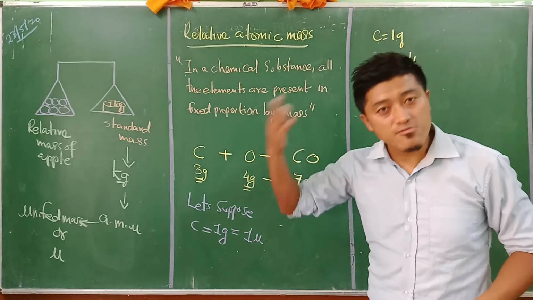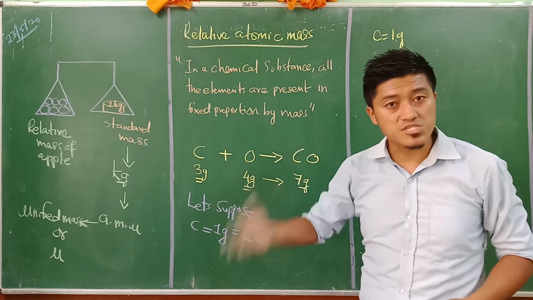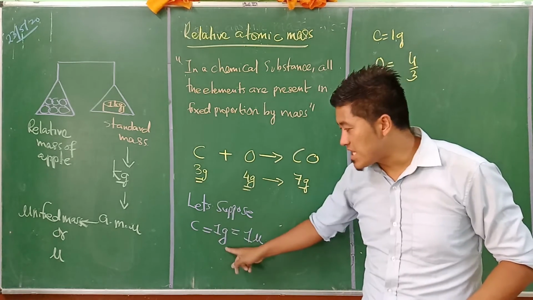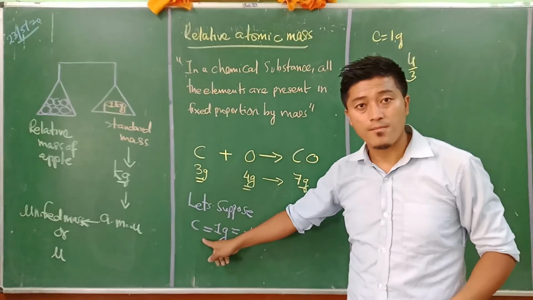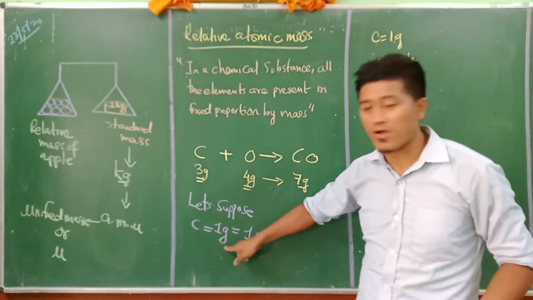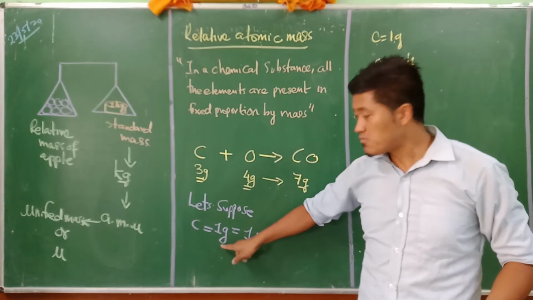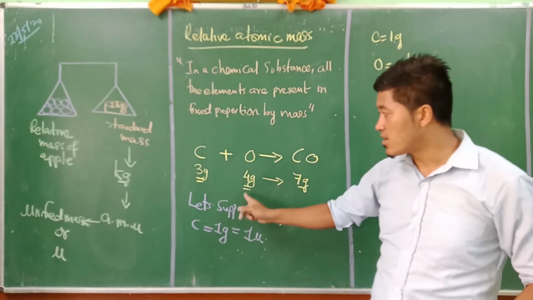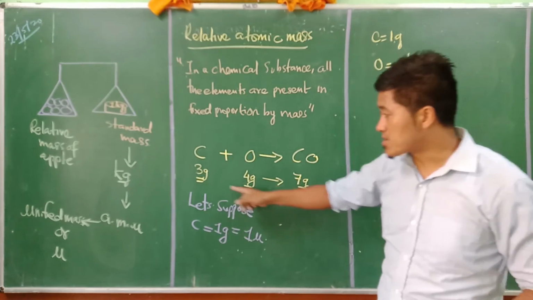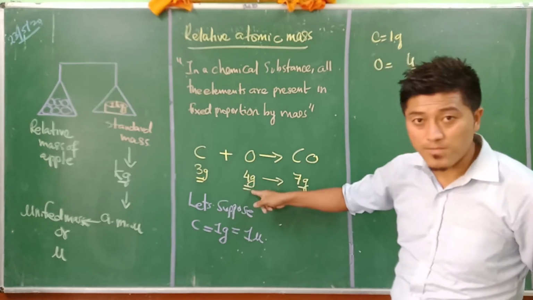Now, I'm making a new situation. Imagine we take 1 gram of carbon, and that is equal to 1 u. This 1 gram of carbon will react with how much oxygen? Is it 1 gram? No, because it is 3 gram against 4 gram, so the oxygen will be more.